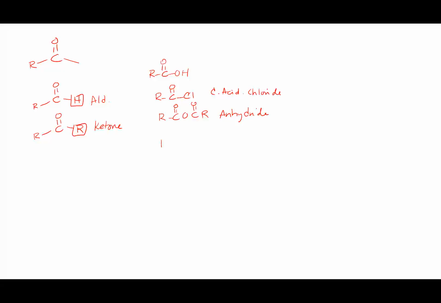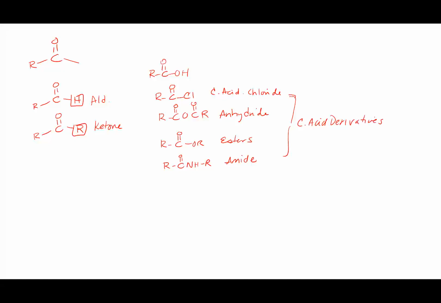We have the esters, and then finally our amides. And so that's the way we group them. These are all called carboxylic acid derivatives.